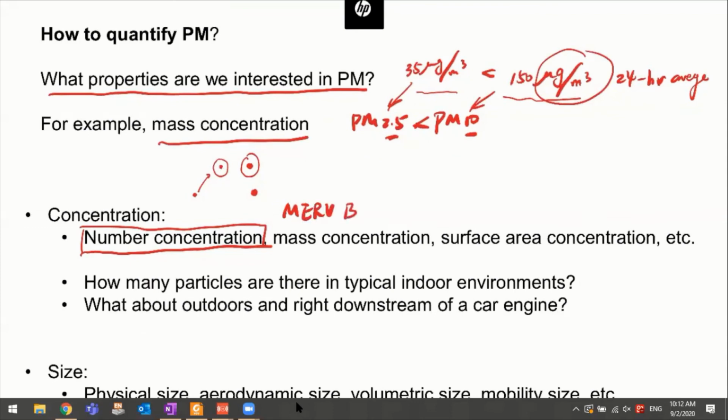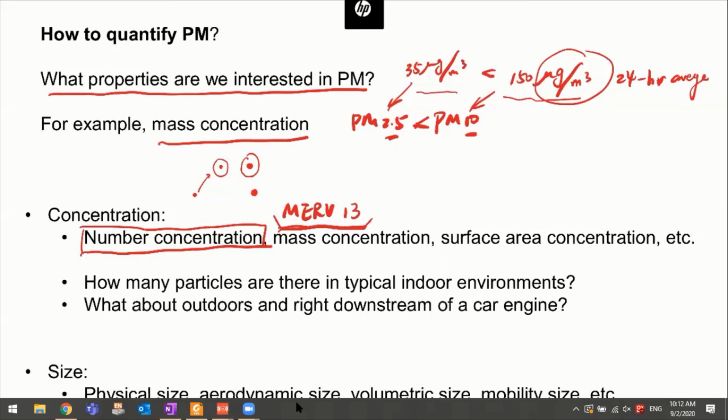So basically, this is a rating of the filters. Okay, so the CDC or NIOSH put out this recommendation that in general, the universities or schools, they should use a filter that's equal or better than this MERV 13 rating of the filters.